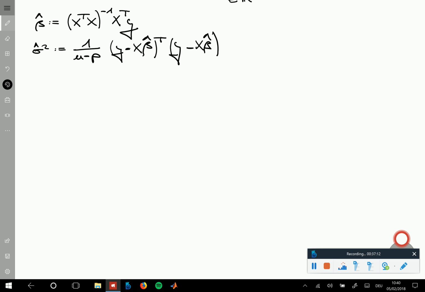And then, for the t-value, we've also seen that the general t-value takes the form c transposed beta hat minus c transposed beta 0, divided by the standard error, and it depends on a contrast vector.